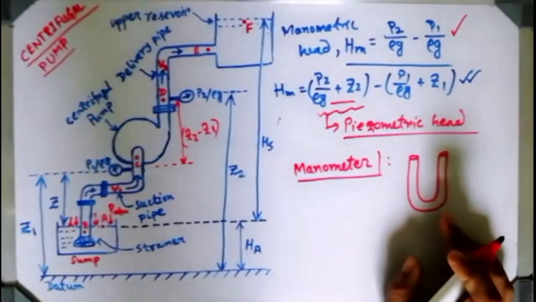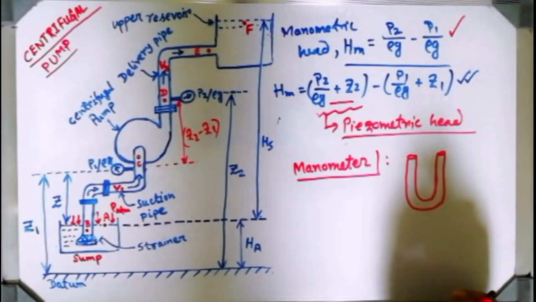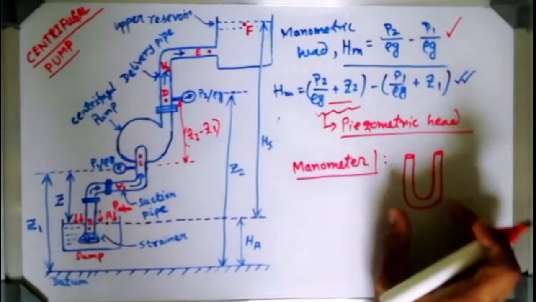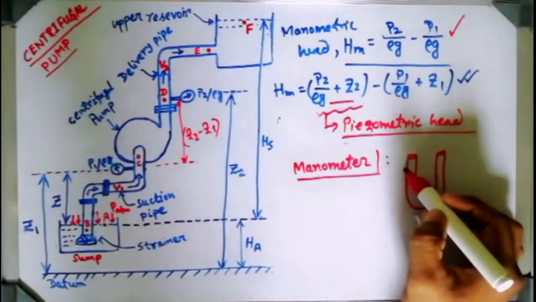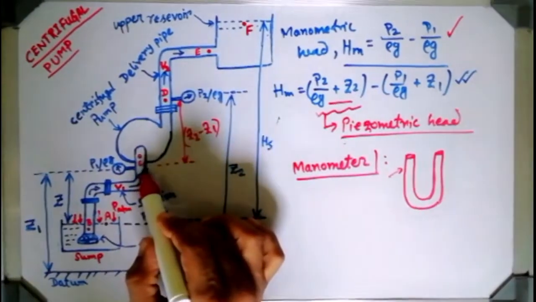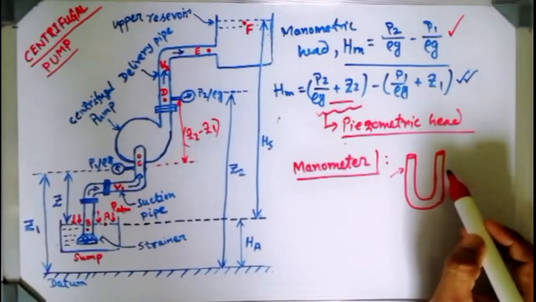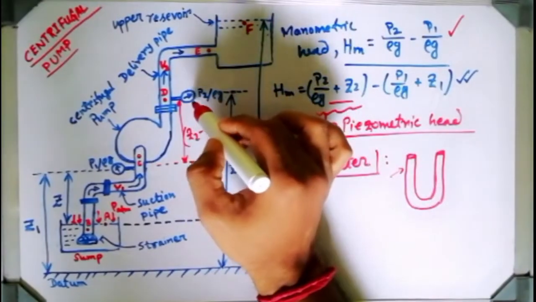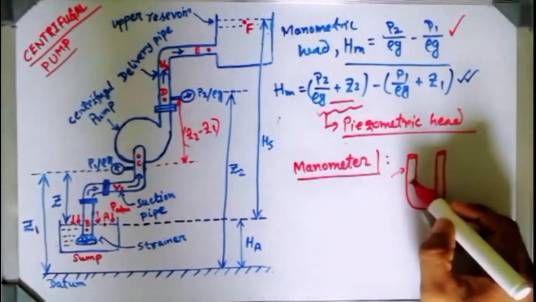This device is connected to different points of the pipeline. If we connect this kind of U-tube, the left limb is connected here, where this pressure gauge is connected, and the right limb is connected at the other pressure gauge level. Obviously some manometric fluid will be there.